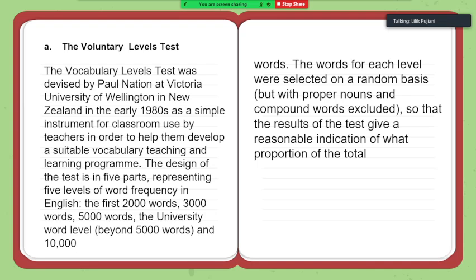The first is the vocabulary level test. The vocabulary level test was devised by Paul Nation at Victoria University of Wellington in New Zealand in the early 1980s as a simple instrument for classroom use by teachers in order to help teaching and learning programs. The design of the test is divided into five parts representing five levels of word frequency in English.